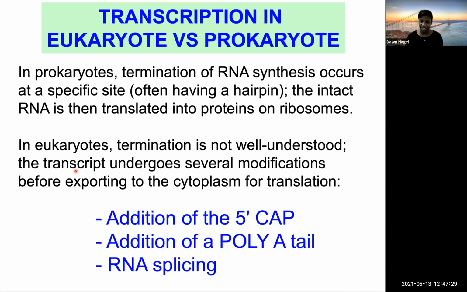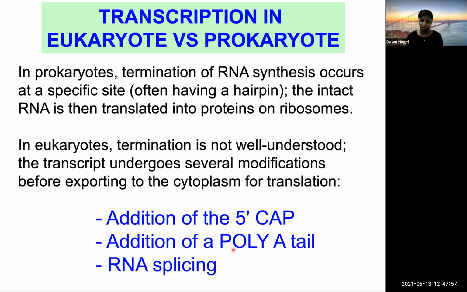translated in the cytoplasm. Three key processes that are absolutely crucial for that to happen: you need to protect the 5' end, and you do this by adding a 5' cap. This addition of the 5' cap also helps to facilitate other aspects of translation later on. And you also need to protect the 3' end, and that's by the addition of a poly A tail.